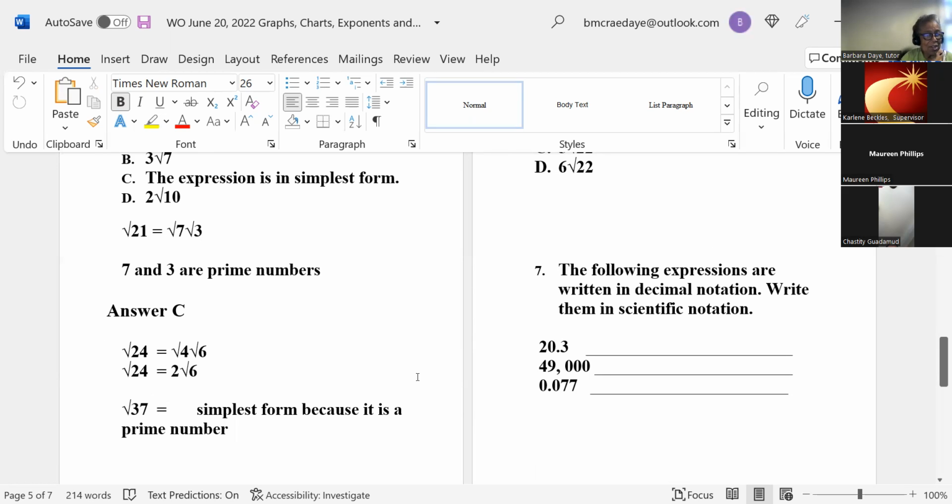Okay, so you know how to determine if you have a prime number. It could be the factors of your radical, or it could be the radical itself. Like this one, the radical itself is a prime number. With 21, its factors are prime numbers. Got it?